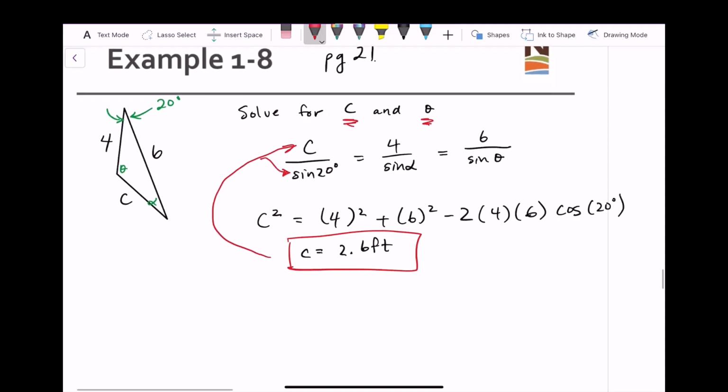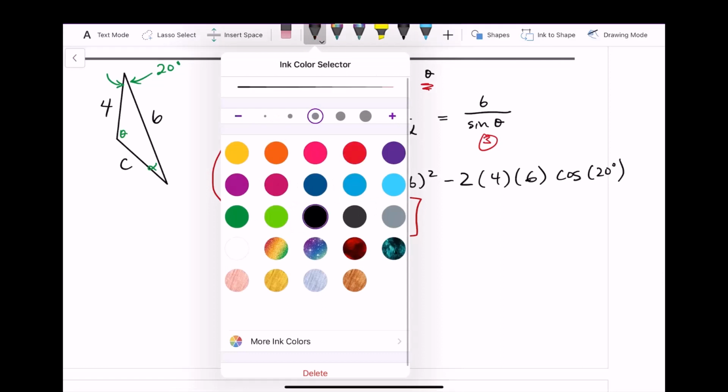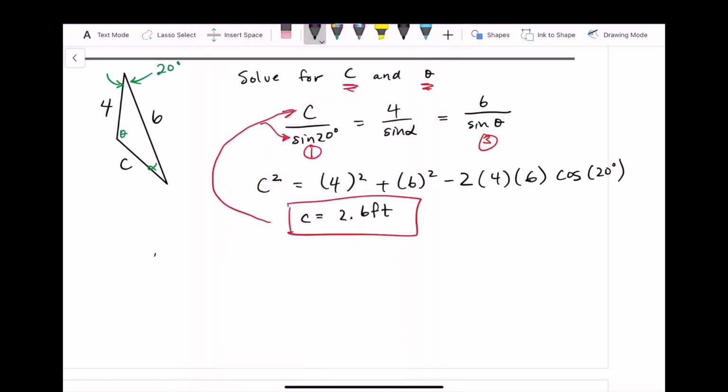So I'm going to use that first term and the third term in the sine law. I'm going to say that 2.6 over sine 20 degrees is equal to 6 over sine theta. I want to solve for theta.